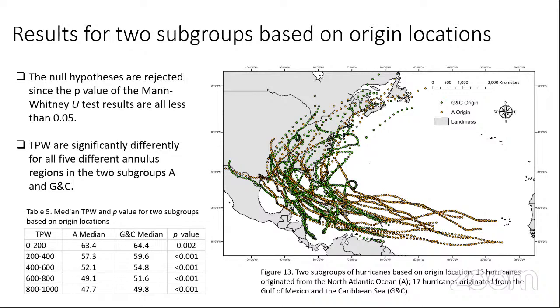So we know that the TPW is significantly different for all the 5 annulus regions in the 2 subgroups, A and G. From table 5, we can see the median moisture for hurricanes originating from the North Atlantic Ocean is lower than for those originating from the Gulf of Mexico and the Caribbean Sea.